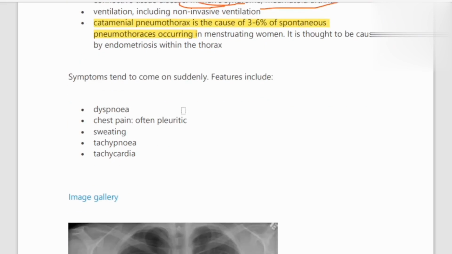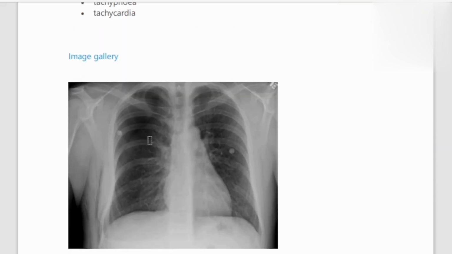Features include dyspnea, chest pain, often pleuritic, sweating, tachypnea, and tachycardia. Sudden chest pain occurs in pulmonary embolism, and the second cause is pneumothorax. It is a severe sharp cutting pain in the chest.